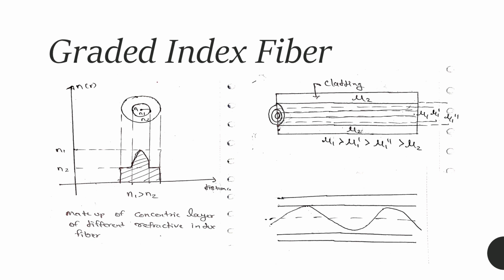Second is the graded index fiber. In graded index fiber, as you can see here, the refractive index is not uniform, it is changing. This is the axis of the core, this is the core, and this is the cladding.